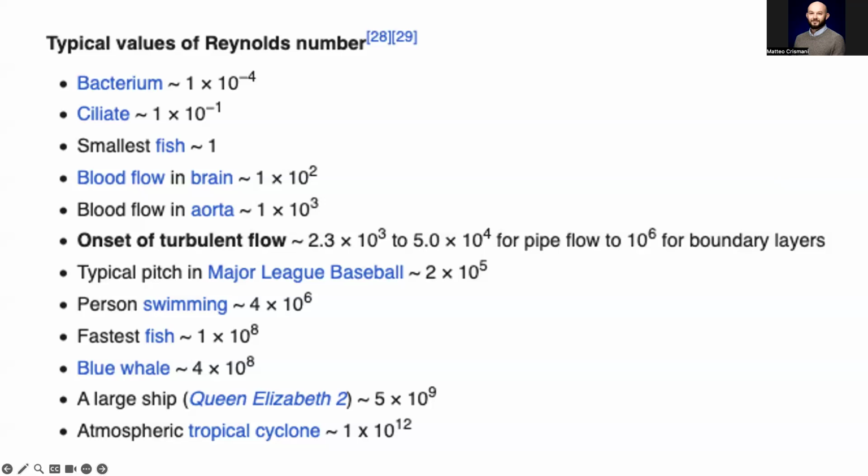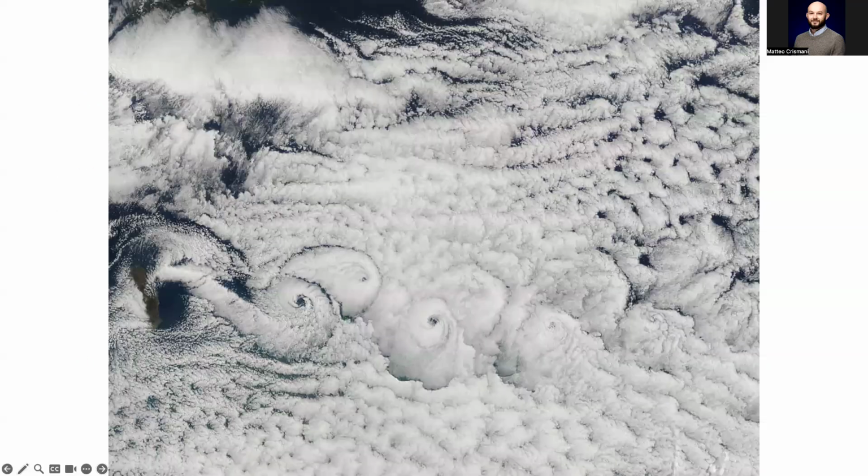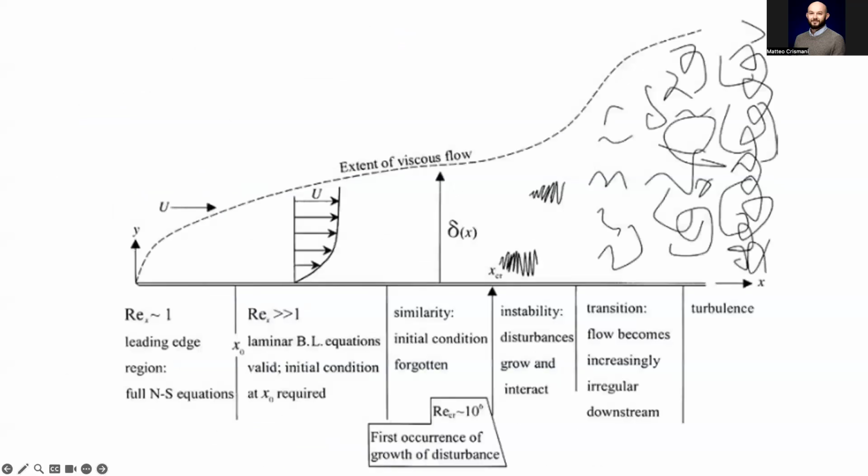Now, another thing that I might say, let's see if we go back here. You have some fluid flow, right? And you feel these effects downstream. So what that means is that there is some time irreversibility to the physics, right?